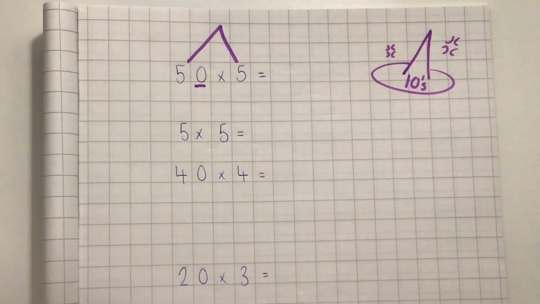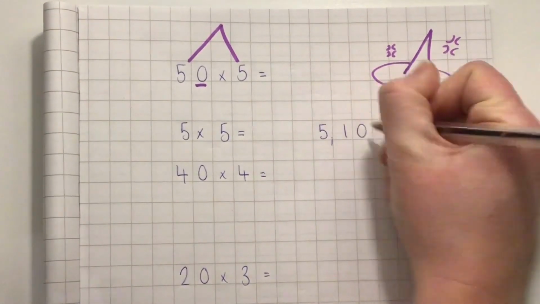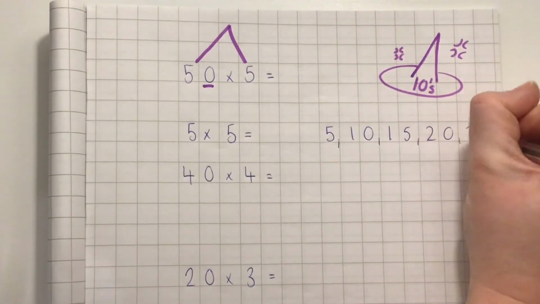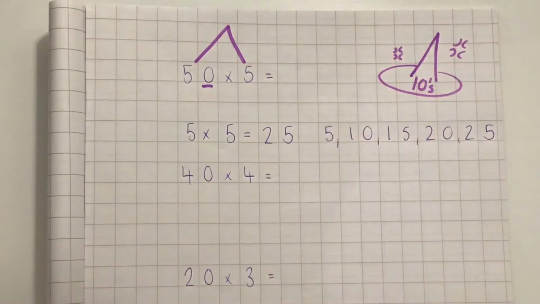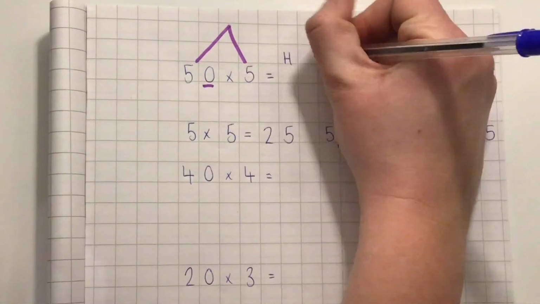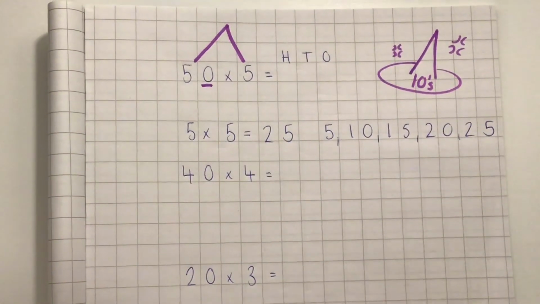So let's count up in 5s 5 times. So we have 5, 10, 15, 20, 25. So 5 times 5 equals 25. Let's get ready to put our placeholder 0 back where it needs to go. So we need to magic it back.